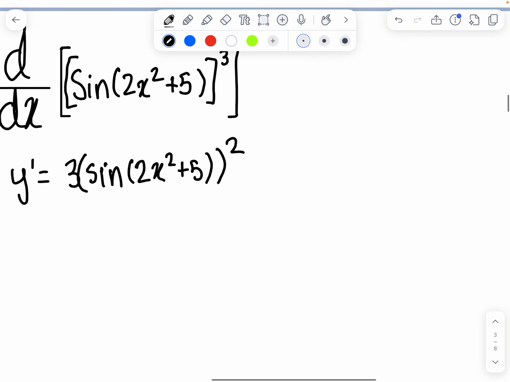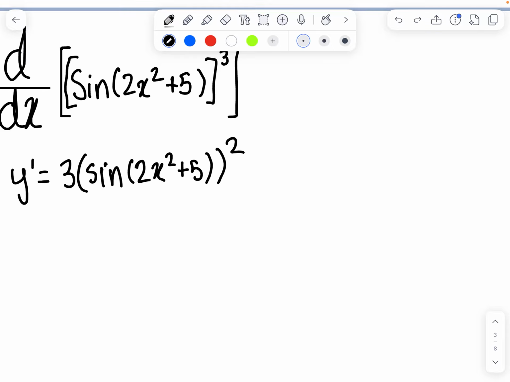And now we have to differentiate. Remember, it's the outside term multiplied by the inside term, the derivatives of those. So now we just had to find the derivative of the inside. The derivative of the inside is just like the questions from before. So with multiple layers, you just have to keep on working from outside in.